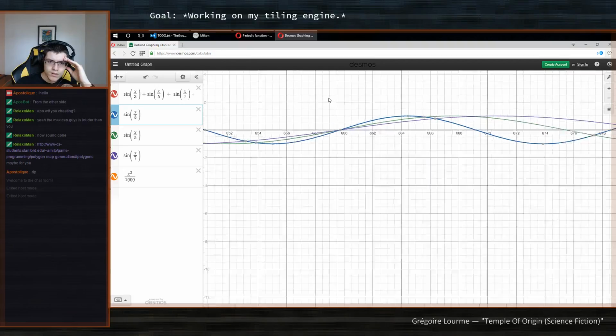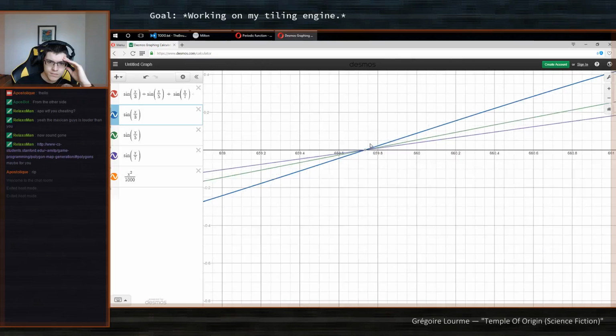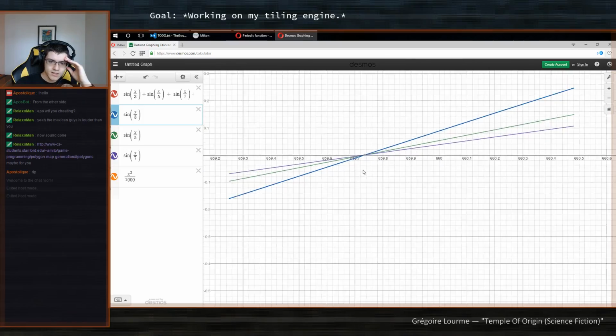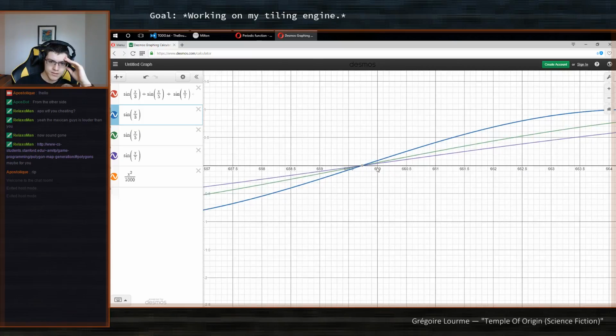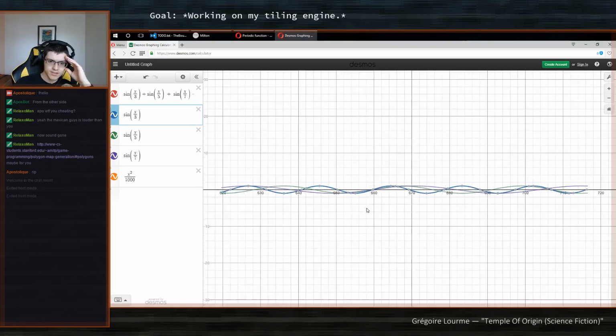Oh, there we go. This thing only sinks once in like 660 or something. Almost. I could have zoomed out, I guess. That's true.